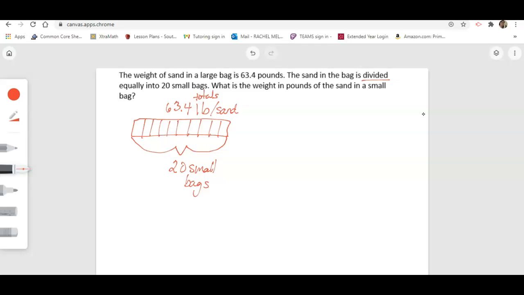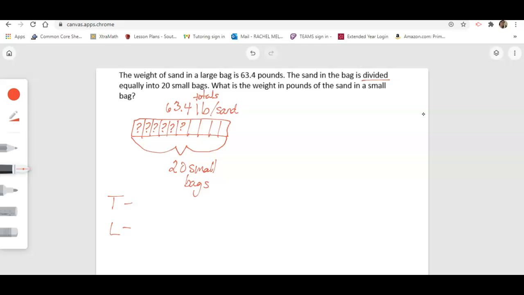What I don't know is how much each of these small bags is going to weigh. So that's what I need to find out. So in our totals and labels, it literally tells us we're going to divide, right? So we just need to prove that with our totals and labels.